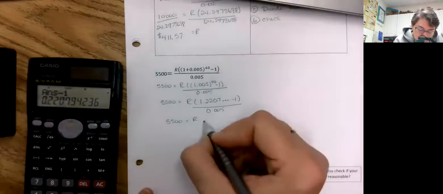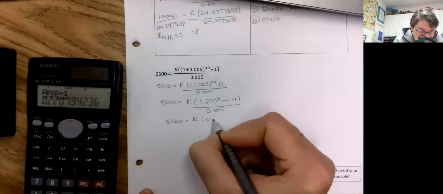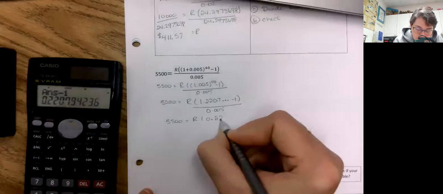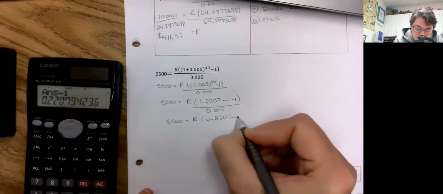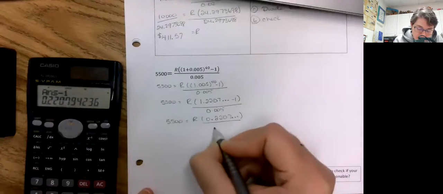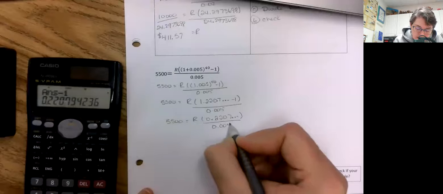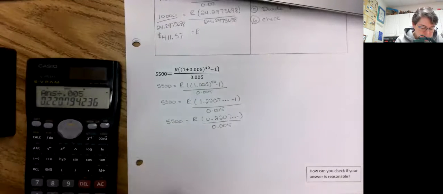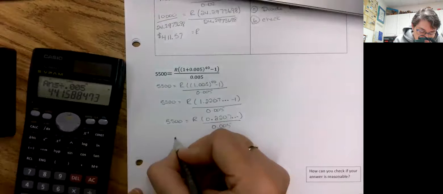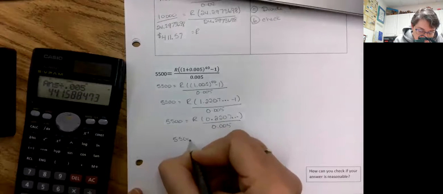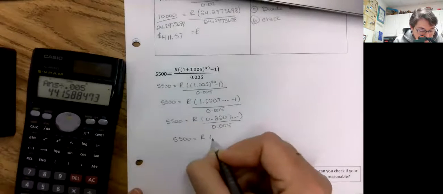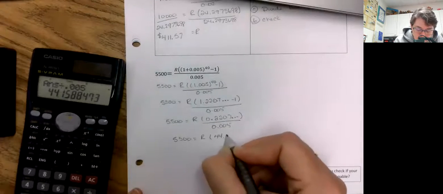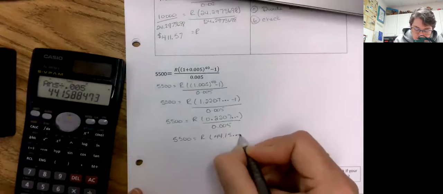Not very exciting. 0.2207. Then we're going to divide by 0.005, and we get 44.15 and some other stuff.